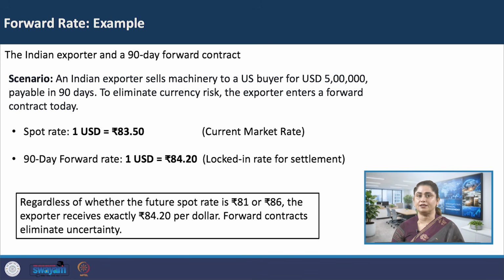So, spot rate today is 1 USD equals 83.50 rupees. The 90-day forward rate agreed today is 1 USD equals 84.20 rupees. Now, regardless of what the spot rate will be on the 90th day, whether it rises or falls, that means whether it is 86 rupees or 81 rupees, the exporter will receive exactly the forward rate, which is 84.20 rupees per dollar.